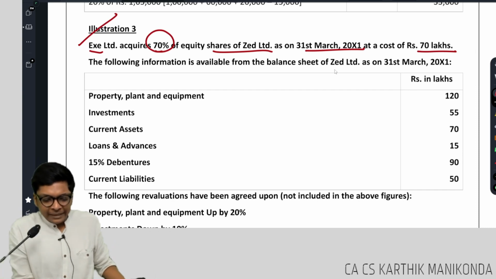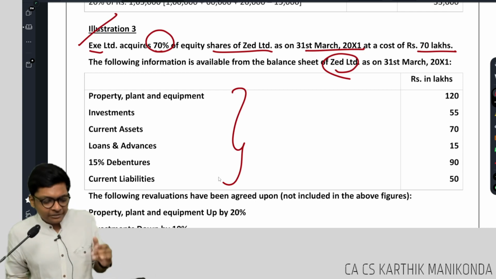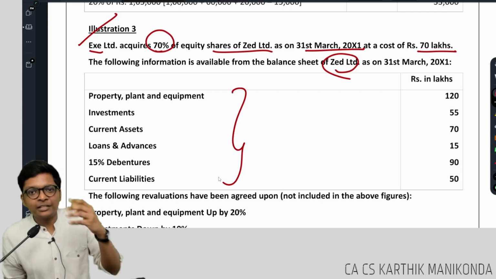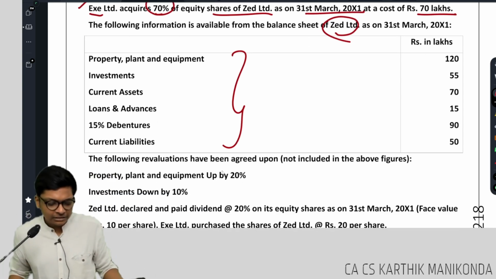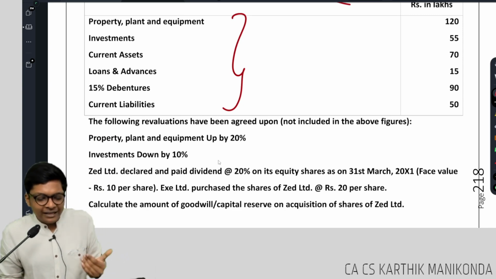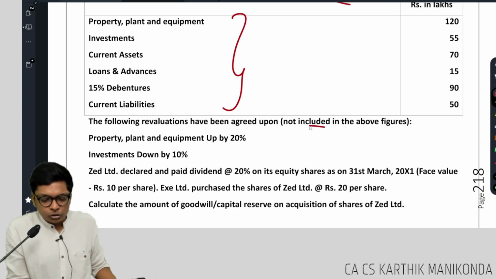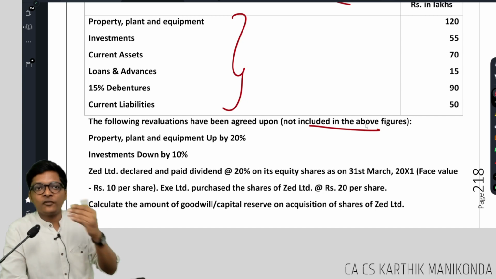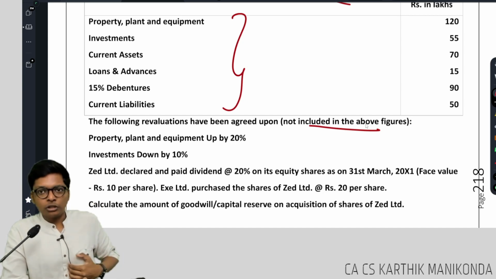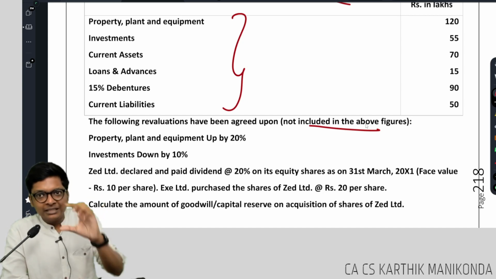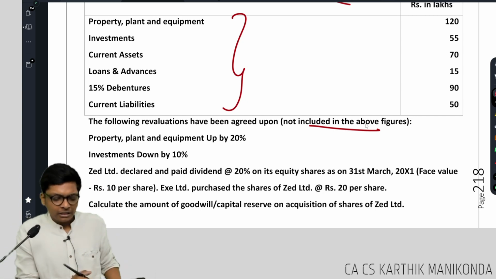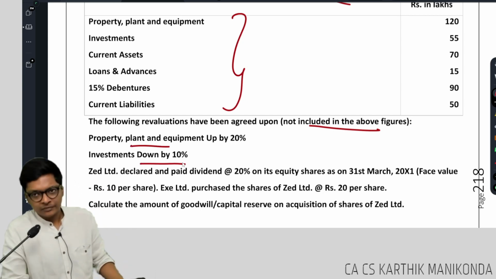The following balance sheet of Z Limited is given. They have given some assets and liabilities. Balance sheet will not tally because they have given extract of assets and liabilities. The following revaluations have been agreed, which is not included in the above figures. That means before acquisition, some revaluations took place. PPE increased by 20%, investments down by 10%.